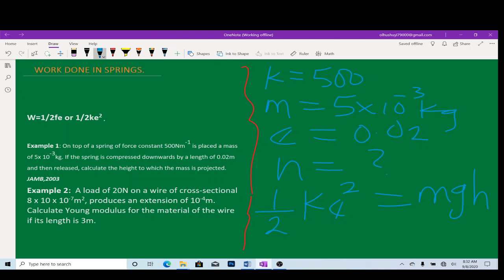Can you see that? So how do we move? It's simple. We put out those formulas, let me rewrite them, then we'll solve. That is how we'll solve our question.